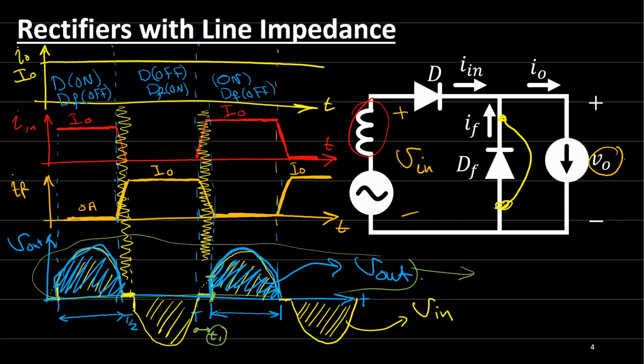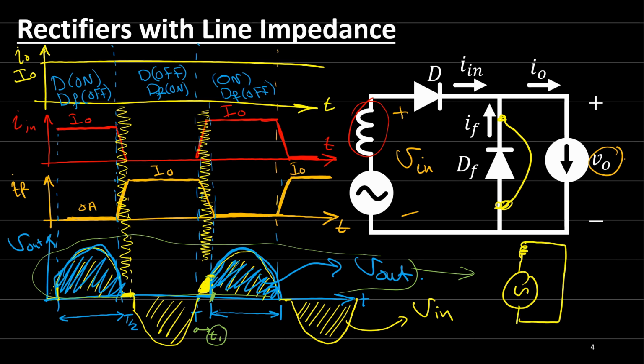To calculate the commutation time for this portion, at this moment when the input voltage is 0, here we have the input voltage and the line impedance, the inductor, and everything here is 0.